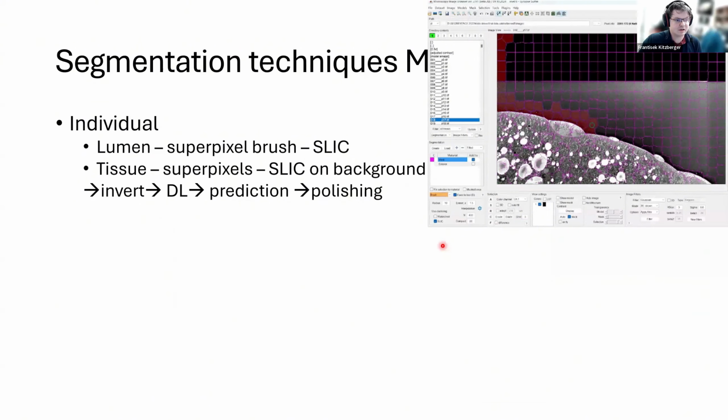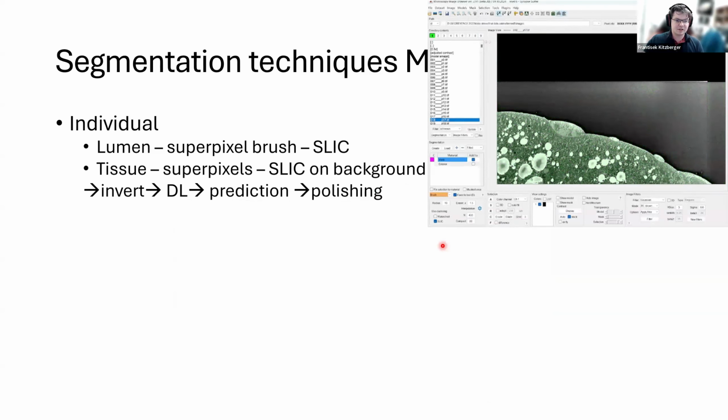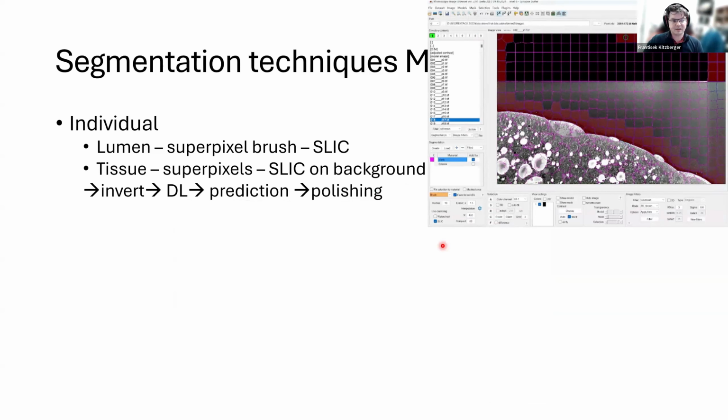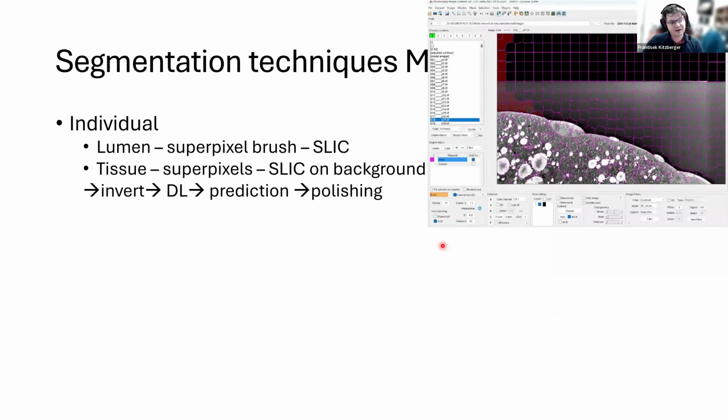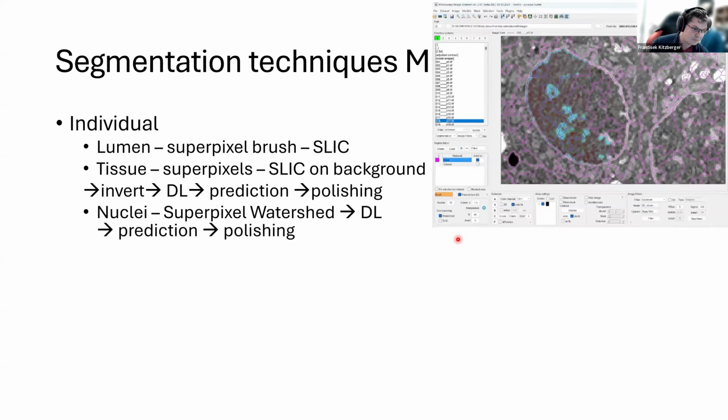A similar approach was employed during the segmentation of the whole tissue, where we selected just the outside of the cell in some area, and then inverted the selection, and then used this small area for the deep learning training. Then we predicted it on the rest of the data set, and we manually polished whatever was wrong.